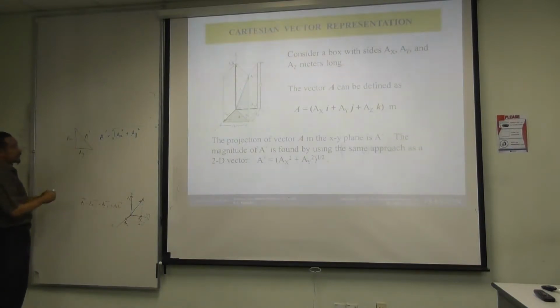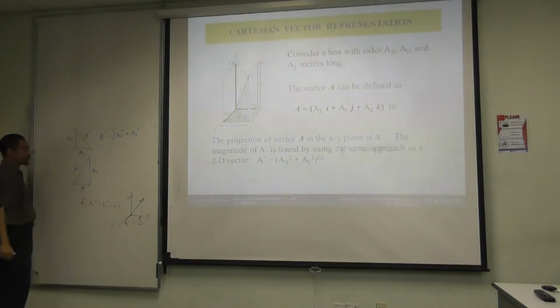And then if you look at the blue triangle, looking from perpendicular to the plane, it will be something like this. This is A prime, this is A, this is az.